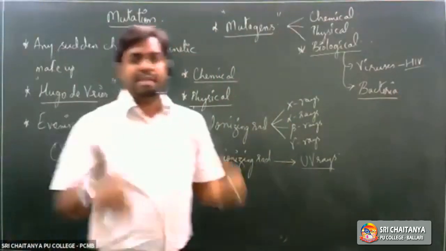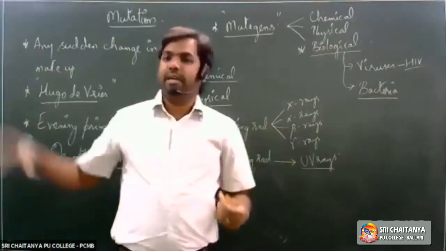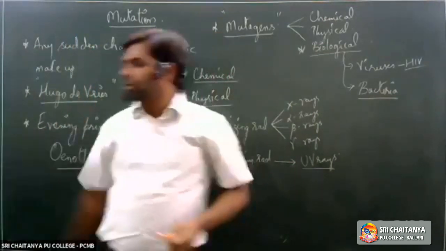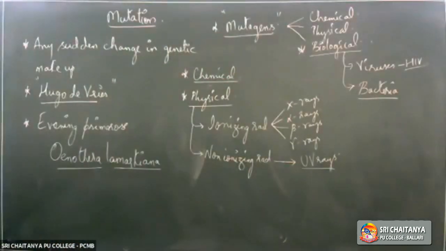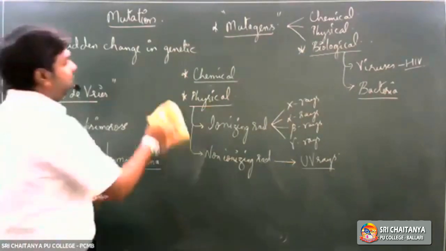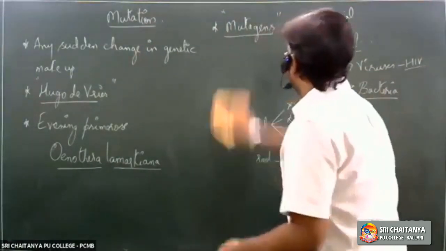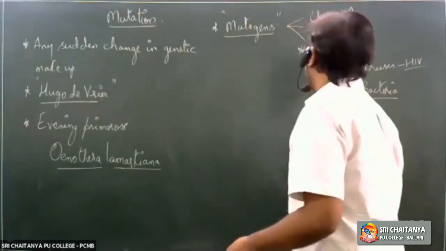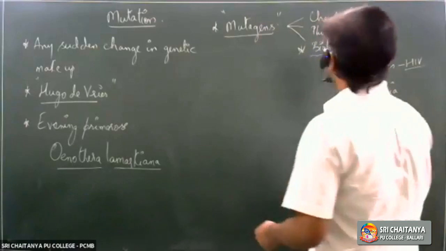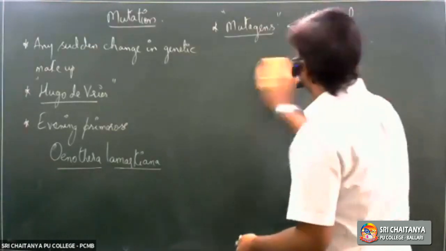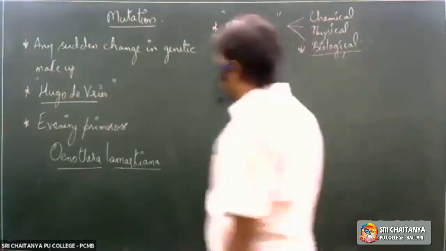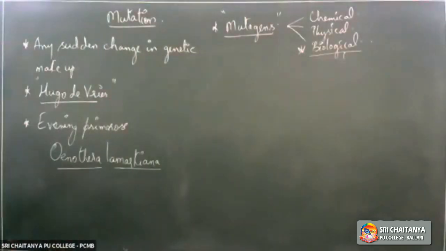Now, let's get into the classification of mutations, right? Whenever we talk about classification of mutation, there are different ways in which we classify mutations. We'll be taking up all of those different ways in this session and even in later sessions.